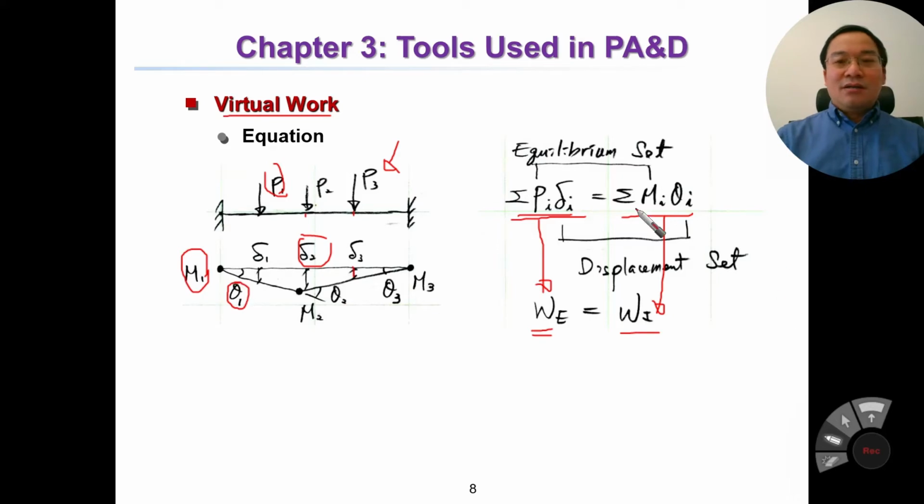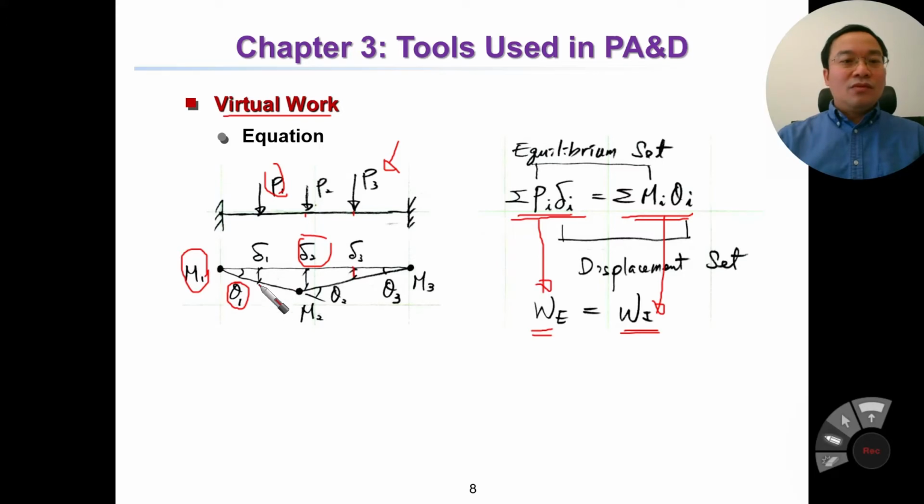Now you understand what external work and internal work are, and how to determine them, and their meaning. External work is induced by external force, internal work is induced by internal force.